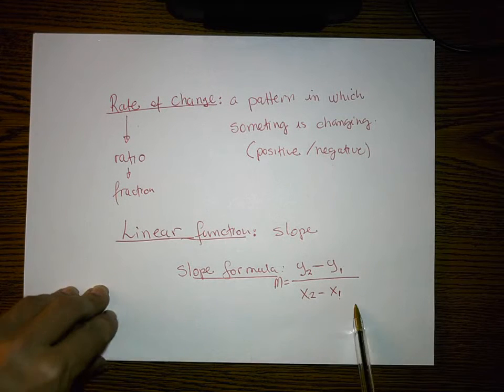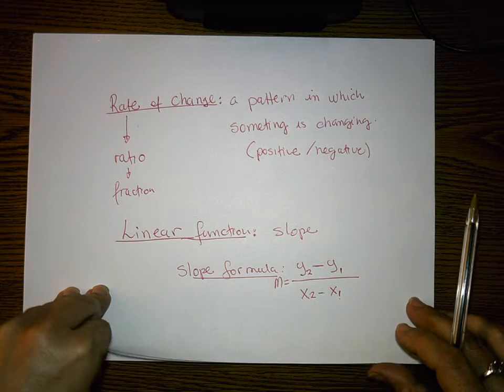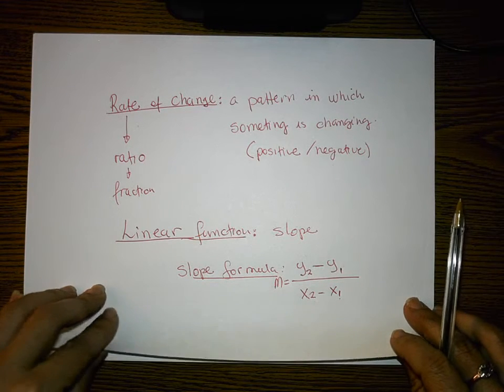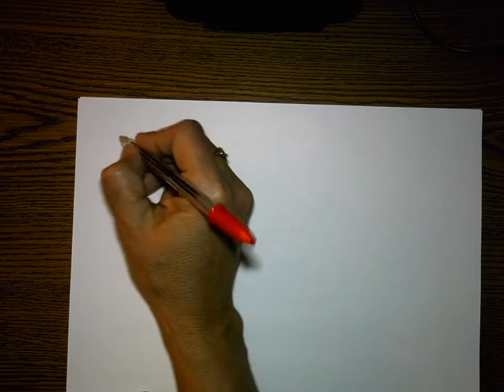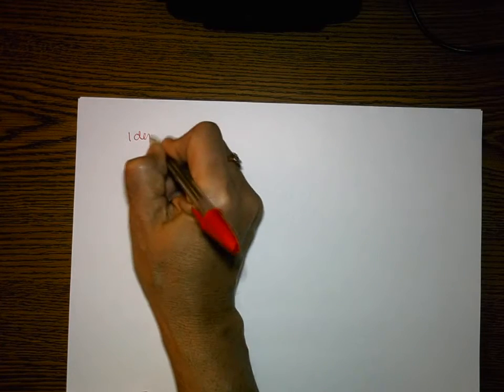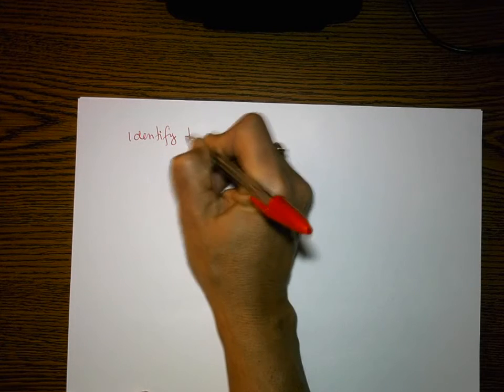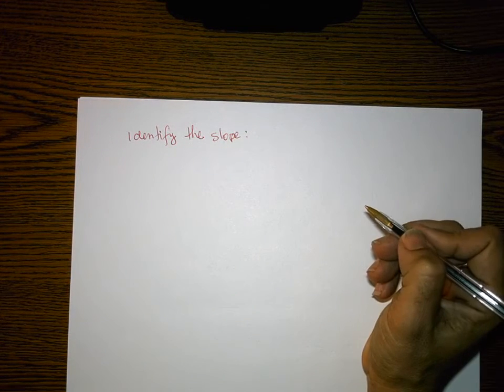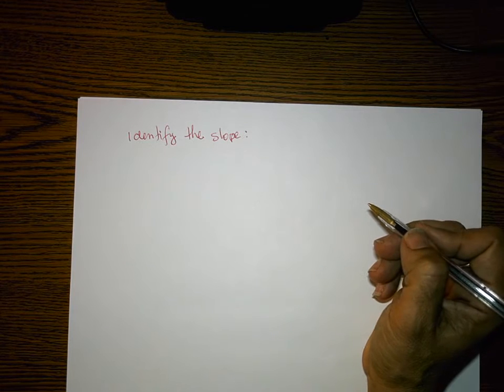We don't always have to use the slope formula if we're doing it visually, a visual check, if we're looking at a graph. So today we're going to identify the slope in 3 different ways.